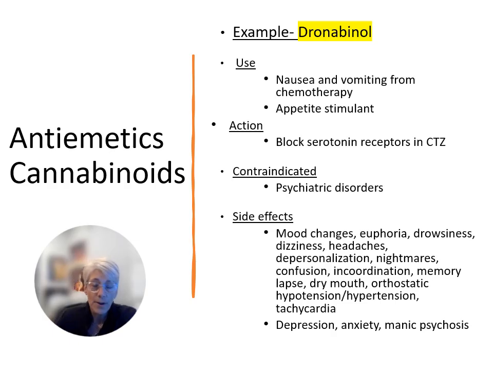So another category of antiemetics is our cannabinoids. So dronabinol, I'm not sure actually how you say it. This is a very new one. This would be our non-intoxicating cannabinoid.